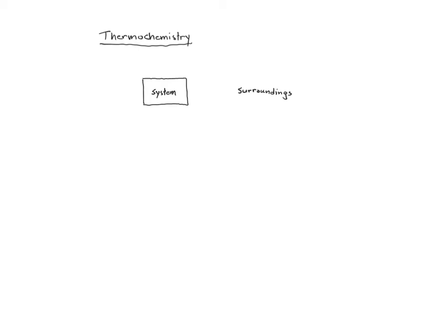Okay? And in any chemical process, one of two things is going to happen. Either heat is going to be generated and transferred to the surroundings, or heat is going to be absorbed from the surroundings.